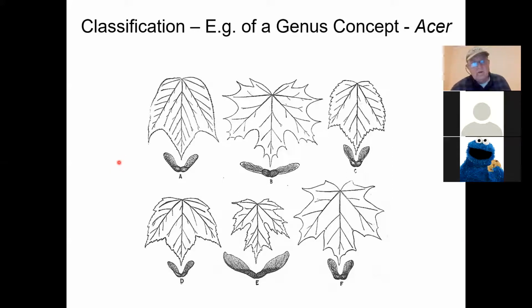So ultimately the reproductive features are the features that carry the most weight when trying to establish relationships. But I will say the Acer leaf is pretty tight, forms a pretty tight knit group.